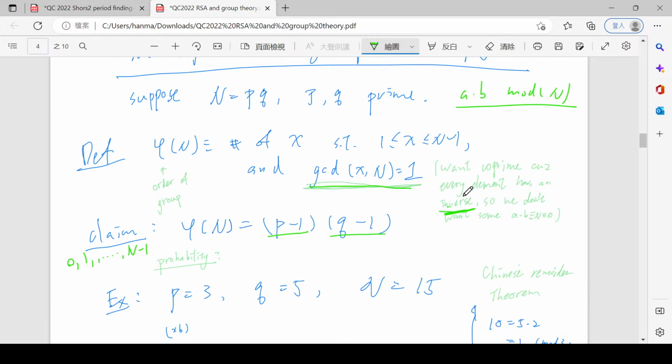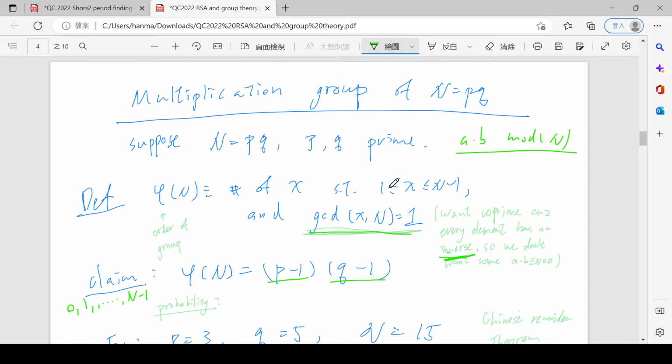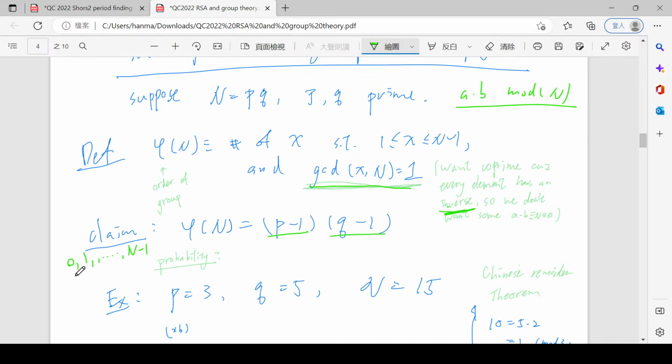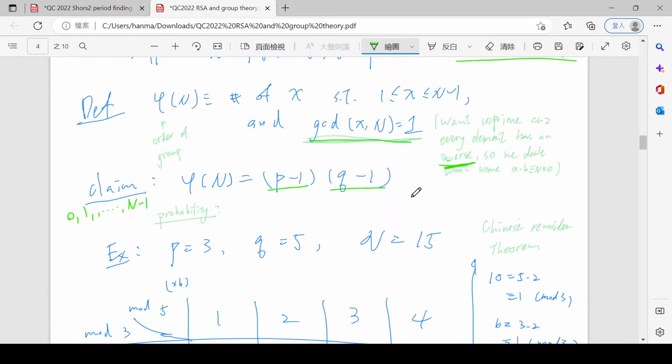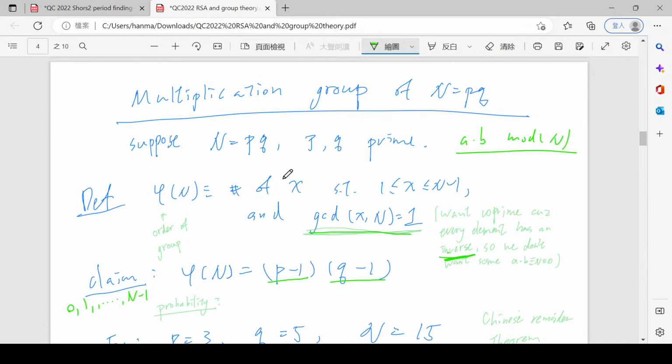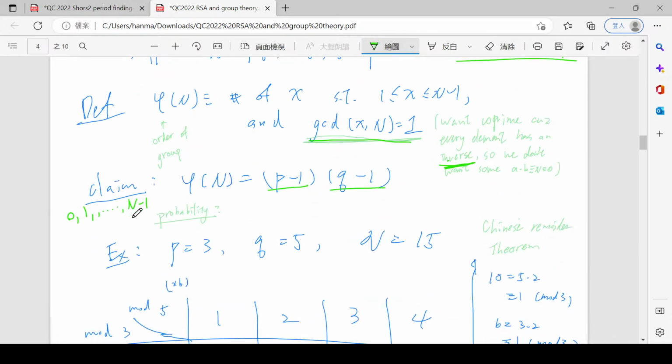And let's build some intuition first. So why is this true? We want everything to be mod n, so we only need to count from 0 to n minus 1. How many of those things are coprime to p times q? Well, if you are coprime to p times q, then you need to not have a factor of p and not have a factor of q.